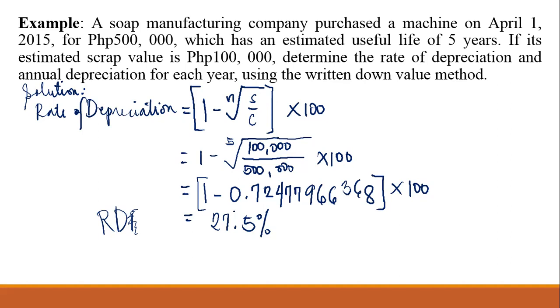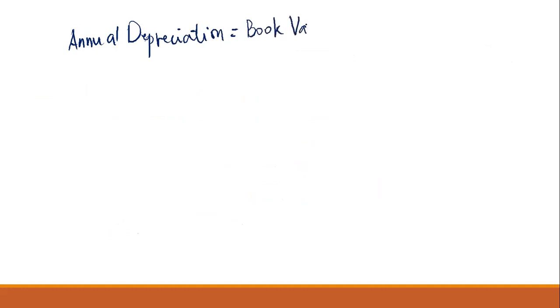Now, let us find out the depreciation value for each year with the help of our simple accounting method. Ano ba yon? Yung gamit natin na formula kanina, like annual depreciation equals to yung book value ng asset, okay?